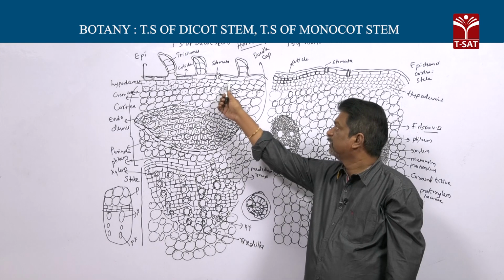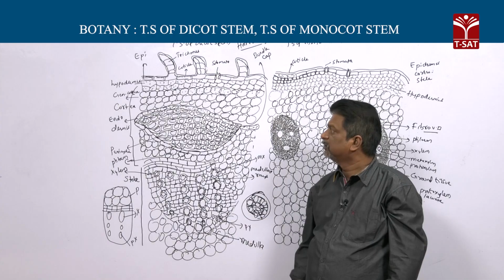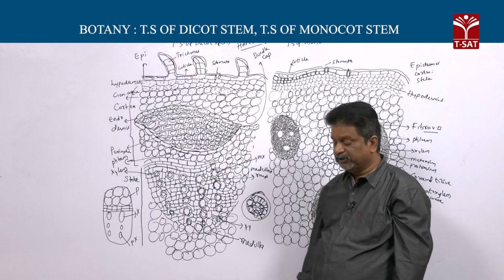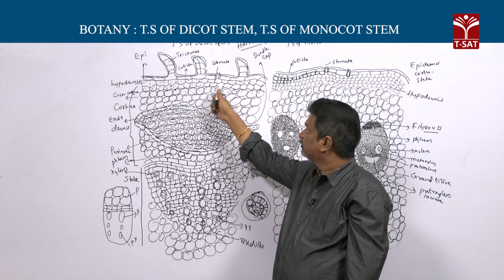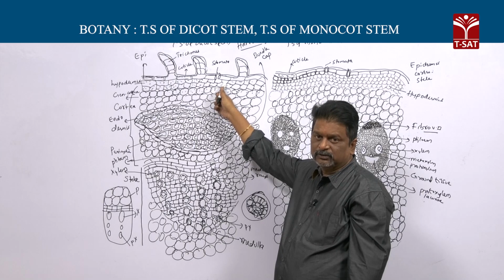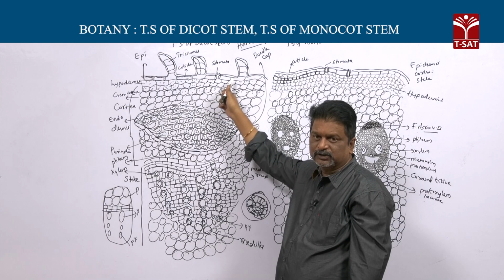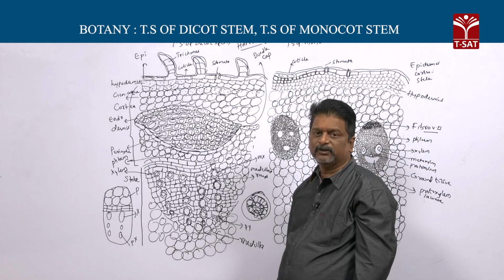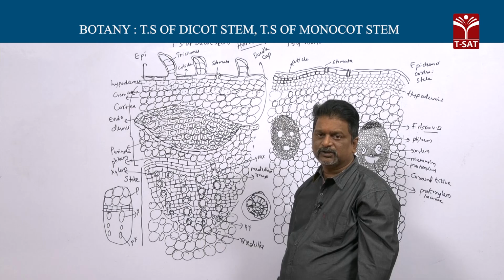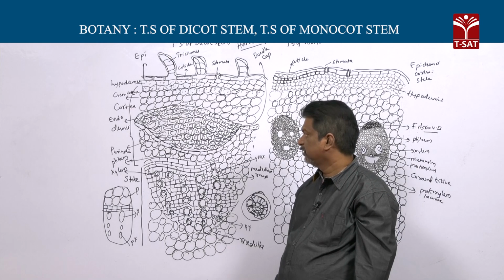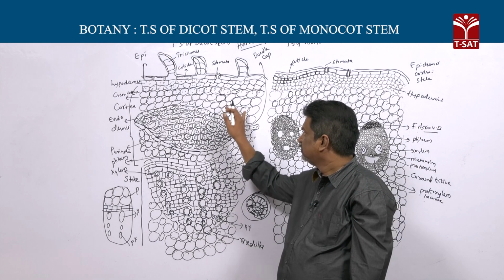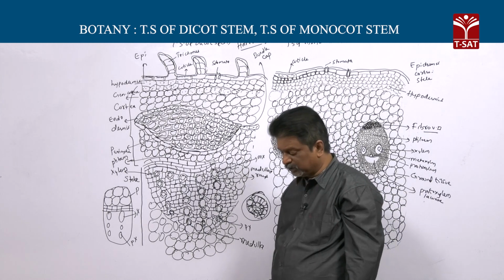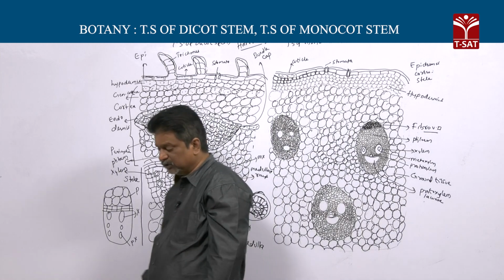In stems, exodermis is replaced by hypodermis, but point is, in dicot stem the hypodermis is collenchymatous, so it performs photosynthesis and mechanical support, but in monocot stem it is totally sclerenchymatous. It provides only mechanical support. Then general cortex: both roots contain general cortex.